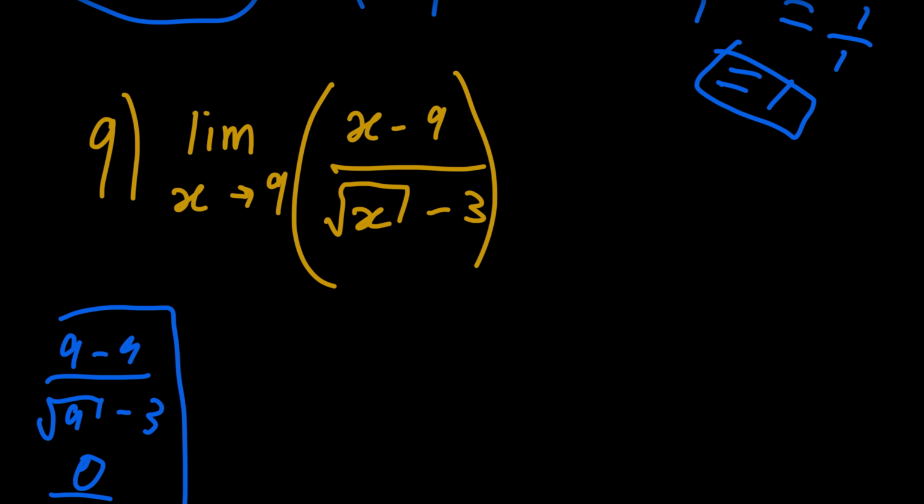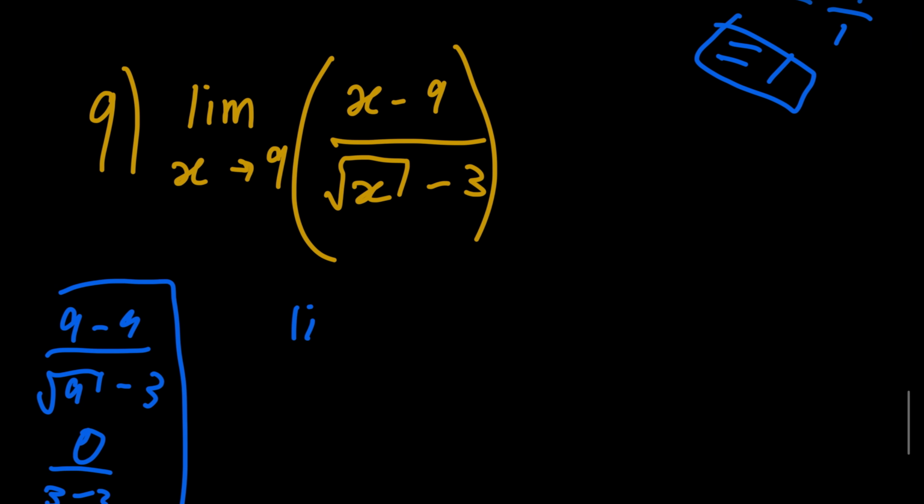So what you can actually do, because there's an easier way here. If you notice, you have x minus 9 and you have root x minus 3. So this is actually a difference of squares, right? So what you can do is rationalize the denominator. If something's not working in the denominator and you think it's going to fit better with the numerator, you can multiply.